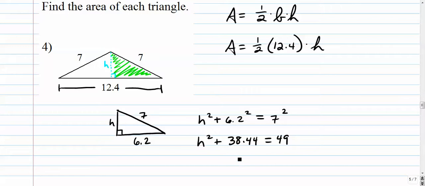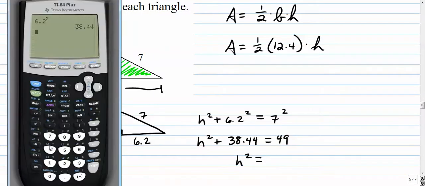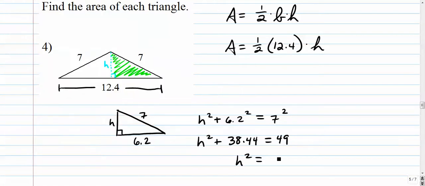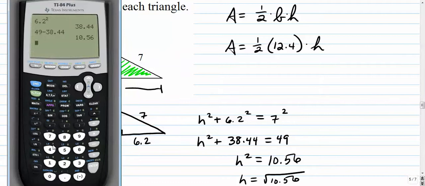Then we'll subtract. h squared is 49 minus 38.44, which gives us 10.56. Just like we did in the previous example, we'll take the principal square root of that, just the positive root.